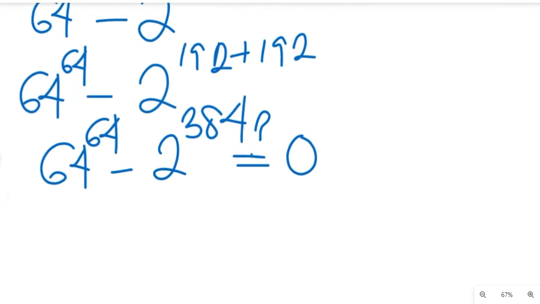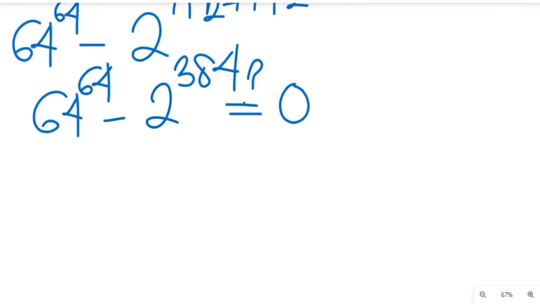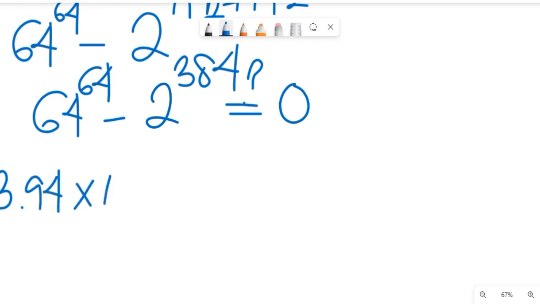Now let's go to our calculator. 64 to the power of 64 will give us 3.94, which is almost exploding my calculator, times 10 to the power of 115.